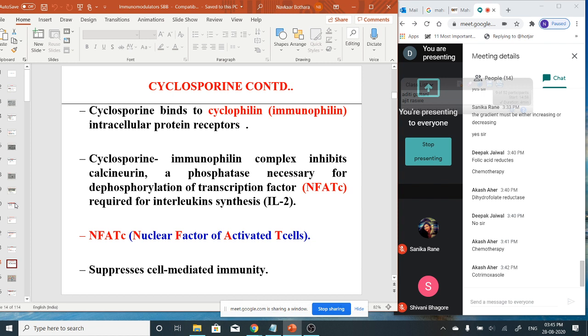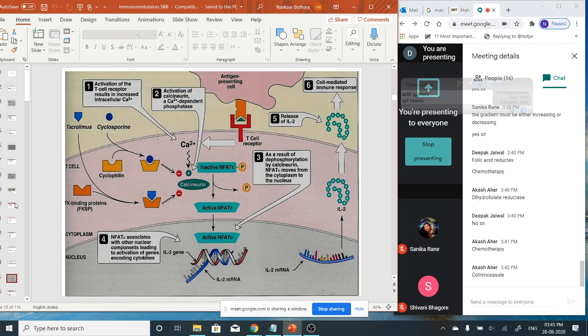So this nuclear factor of activated T cells will not be dephosphorylated, and therefore interleukin synthesis will not be there, and thus it will suppress cell mediated immunity.